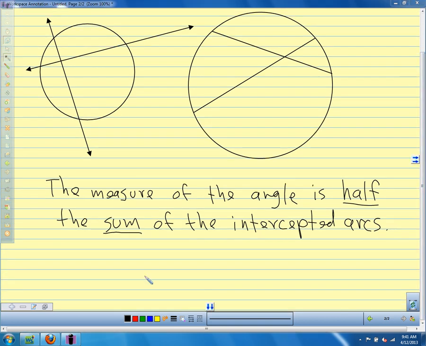And the shorthand that I use for this is I say angle equals the arc plus the arc divided by 2.